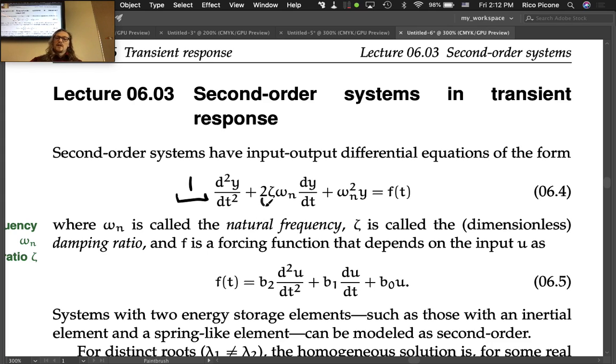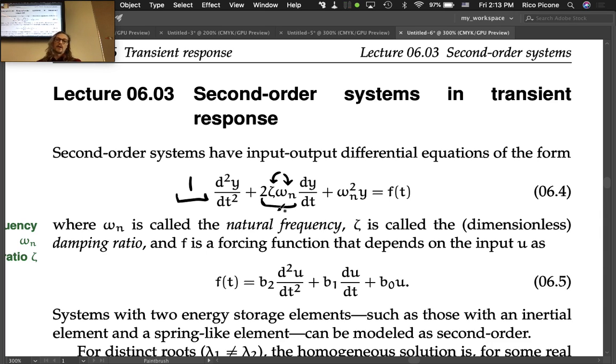Whatever this coefficient is, we're going to break up into a couple different parameters that we'll talk quite a bit about. Zeta is called the damping ratio. It's a dimensionless quantity, and that's going to govern a lot of things for us. As we'll see, it's going to cover the primary characteristics that we're going to see in the transient response. It's also going to dictate stability.